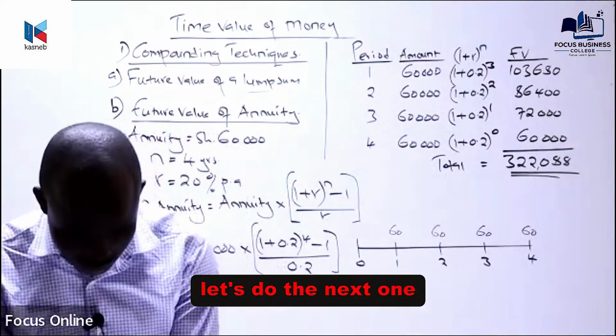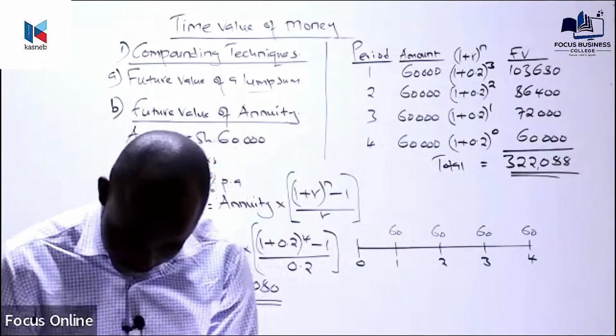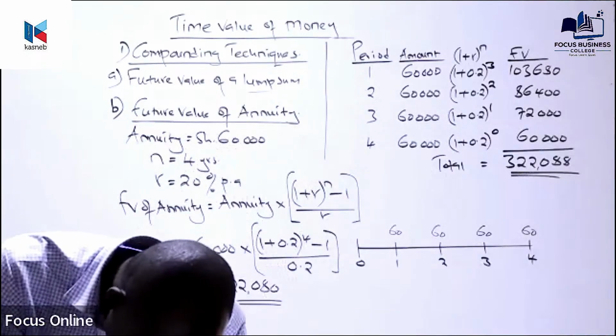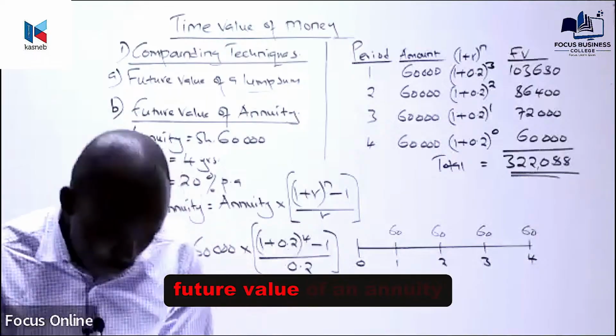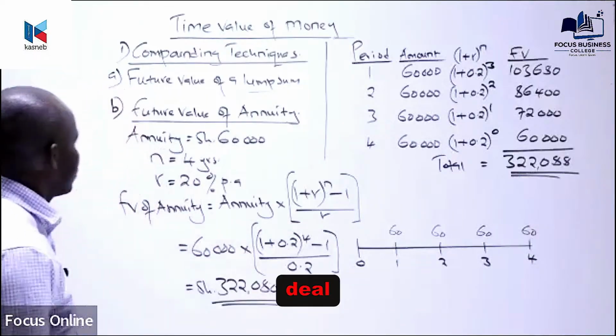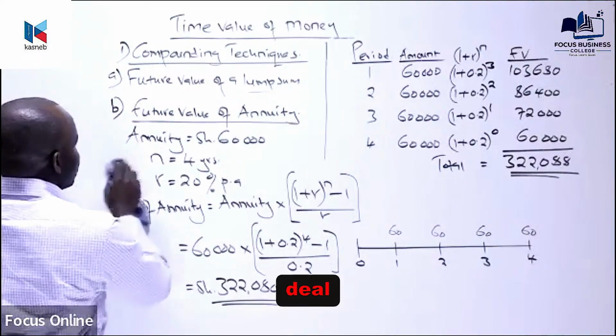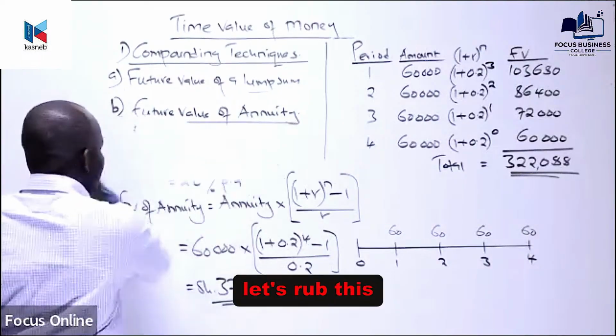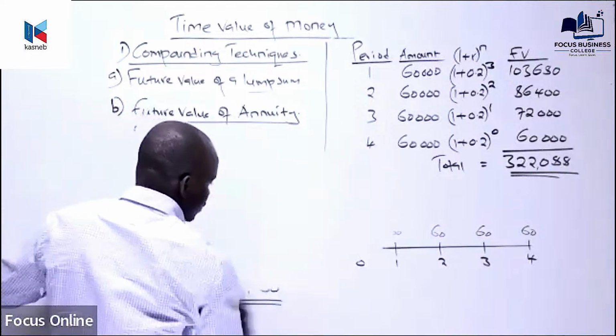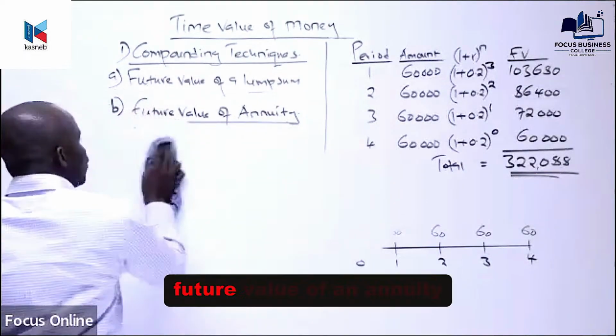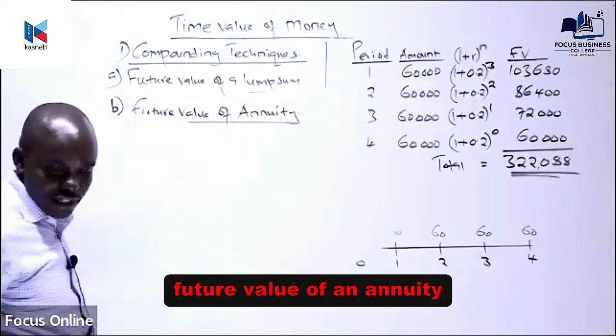Let's do the next one, then we go for a break. The other one is the future value of an annuity due.